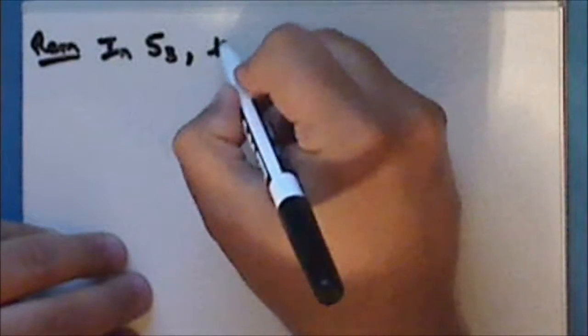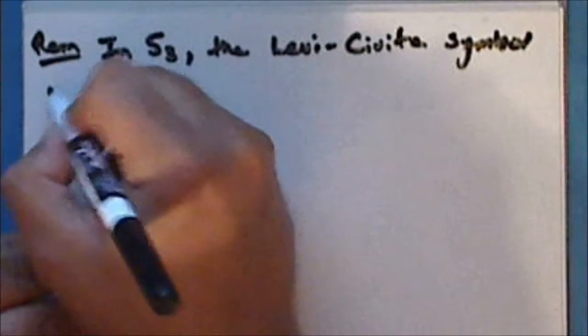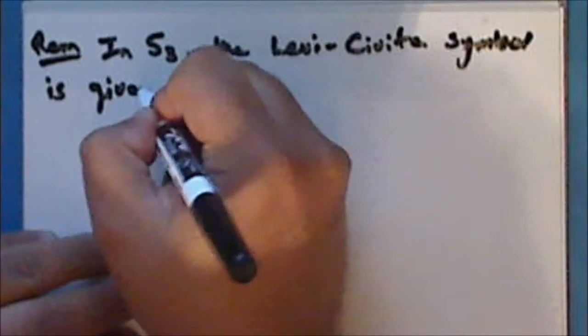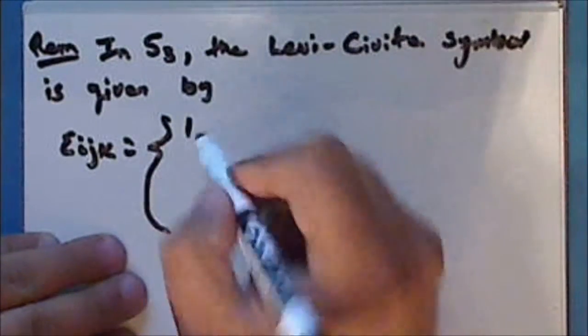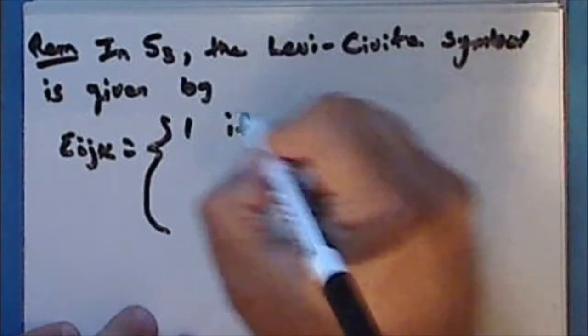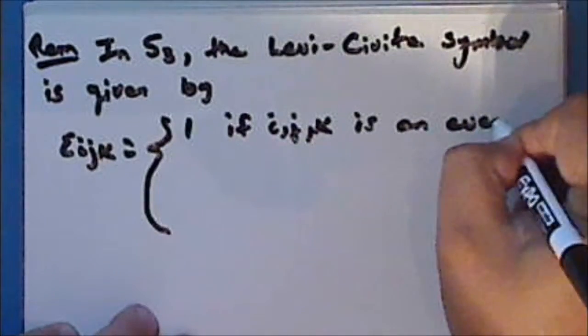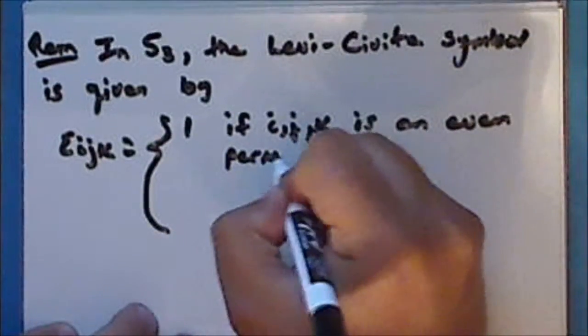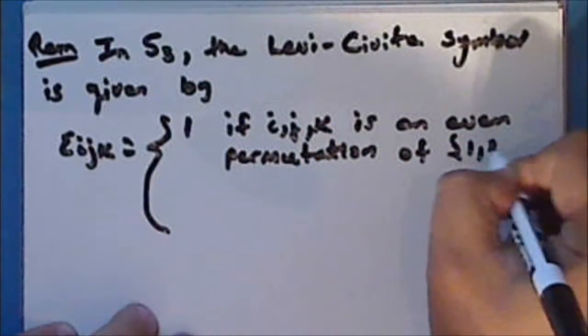So in the symmetries on 3 letters, the Levi-Civita symbol is given by epsilon sub i, j, k is equal to 1 if i, j, k is an even permutation of the integers 1, 2, and 3.